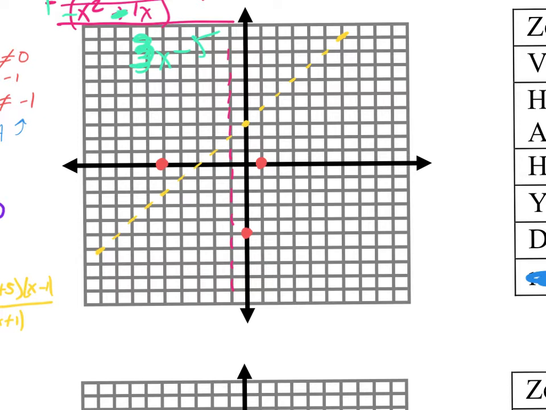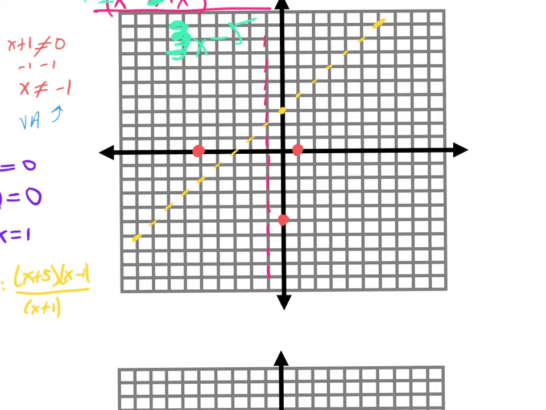So pick a point to the right of your vertical asymptote and to the left of your vertical asymptote. My vertical asymptote is at x equals -1. So pick a point to the left of your vertical asymptote. -2. Okay, so if I plug in -2, f of -2, let's see what happens here.